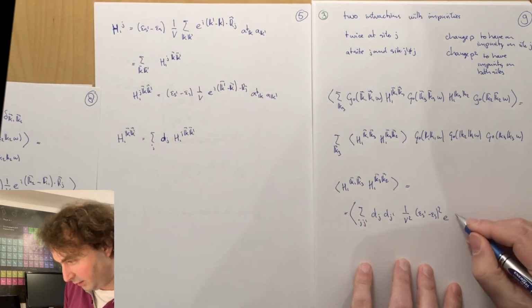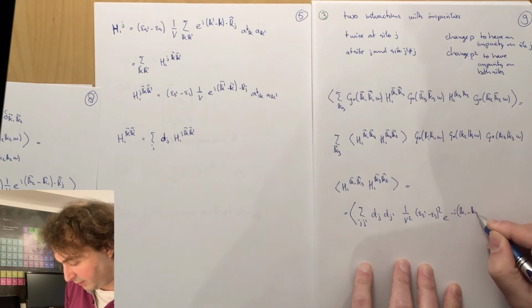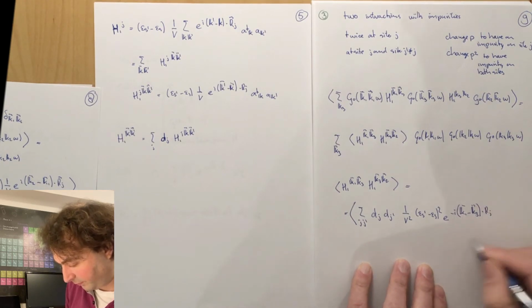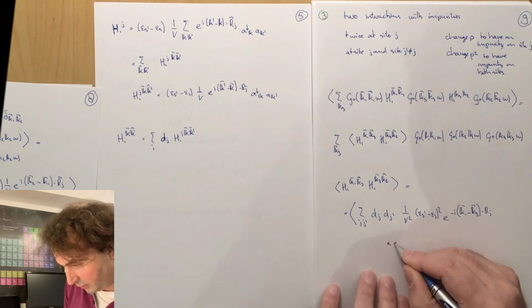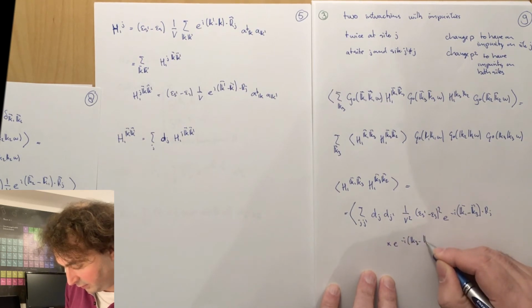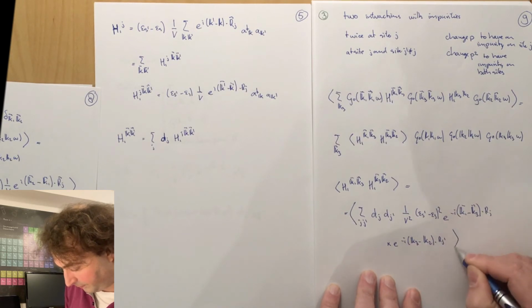And then we have e to the minus I, K1 minus K3 dot Rj, times e to the minus I, K3 minus K2 dot Rj prime.